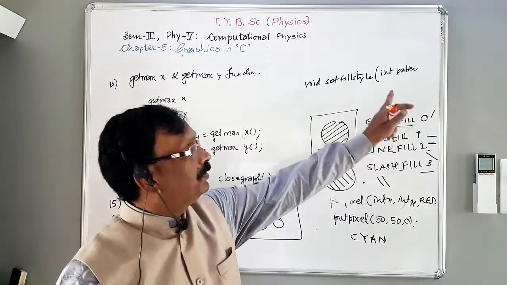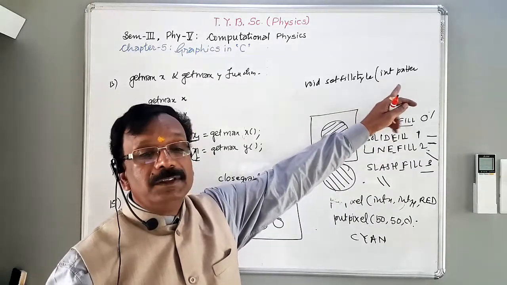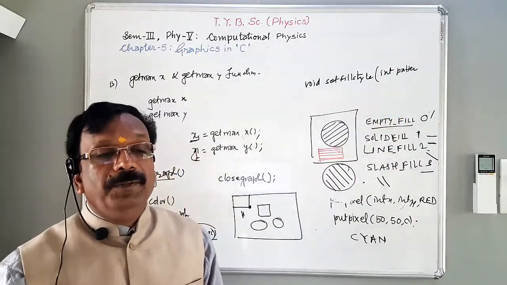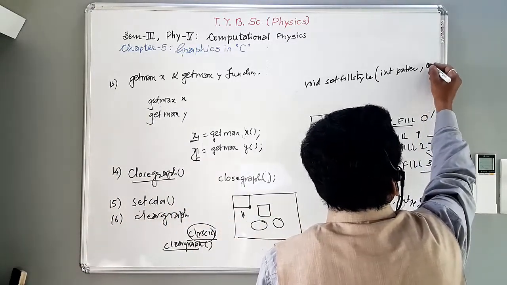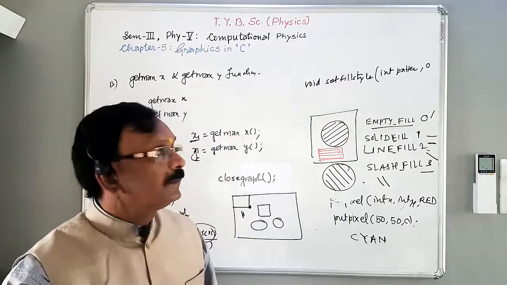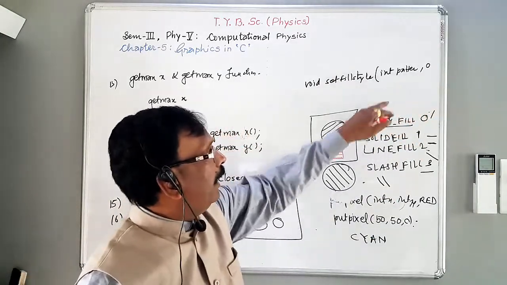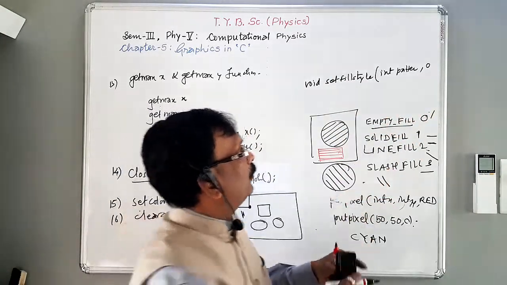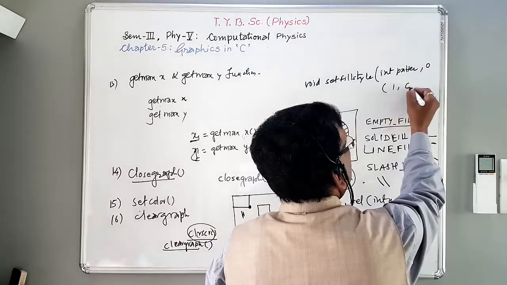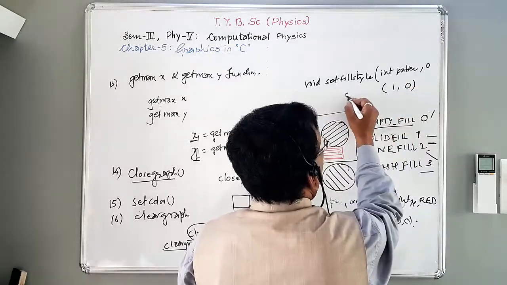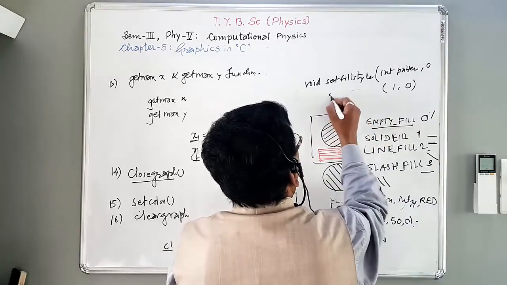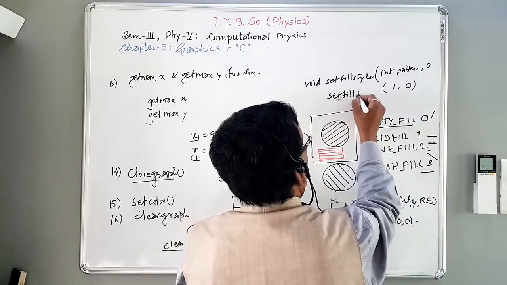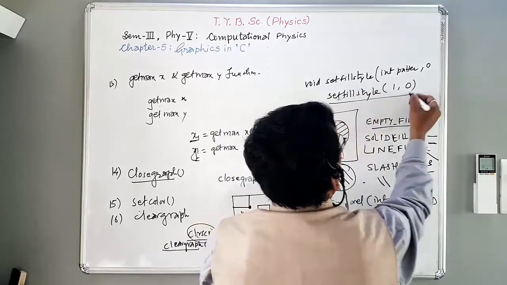We have to give 0, 1, 2, 3. This is the fill pattern, and integer color, suppose 0 to 15. When we give 0 and 1, for example, set fill style 0, 1.